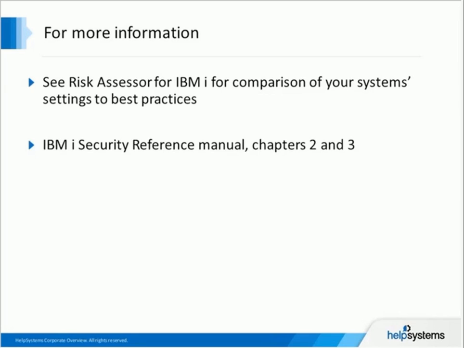So what we've done is look at a variety of places, ISO standards, NIST, COBIT, and regulations like PCI, and then we take those, translate them into what they mean for IBM i, and compare current settings with security best practices. So you get that comparison there.